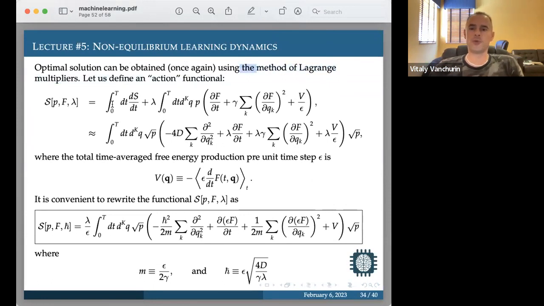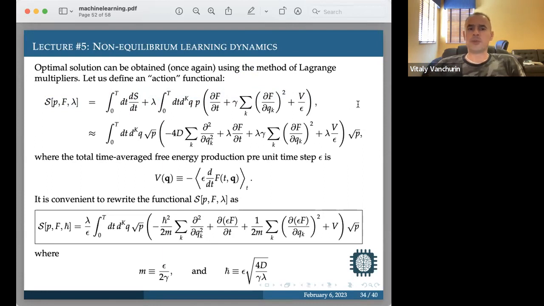Before we had a term for the entropy and the constraint imposed by the average loss function. Now we have a term for the entropy production and another term which is a constraint on the equation for the evolution of the free energy. So we want the free energy not to disappear and to satisfy the equations which we wrote.